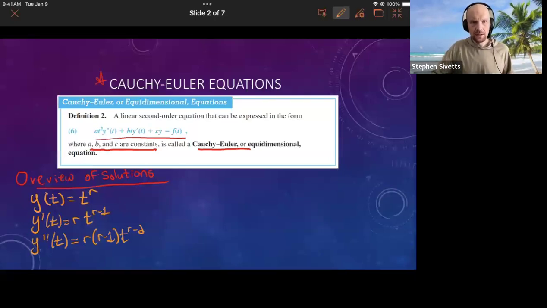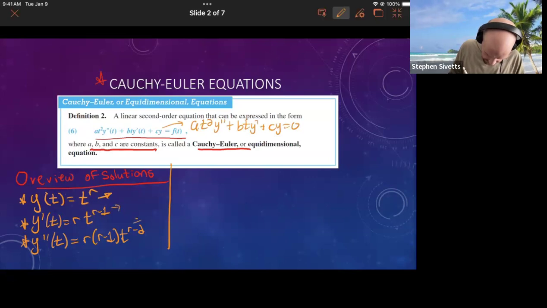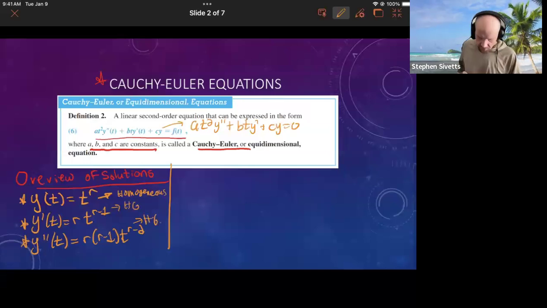If we plug these functions into the homogeneous equation, which would be a t squared y double prime plus b t y prime plus c times y equals 0, we're supposing that these functions satisfy the homogeneous equation.